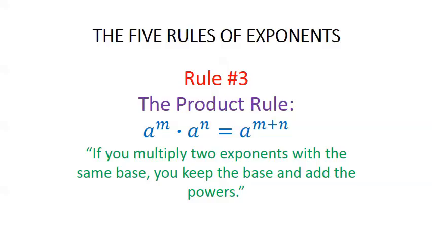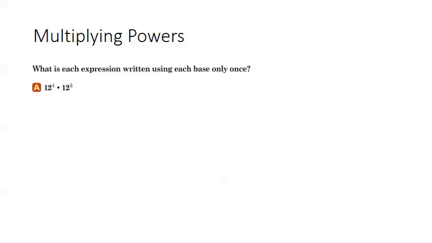Rule number 3, the product rule. Let's read it. If you multiply two exponents with the same base, you keep the base and add the powers. A to the power of m times a to the power of n equals a to the power of m plus n. As you notice, they both have the same base of a. Let's see an example. That's the best way to get into this. What is each expression written using each base only once?